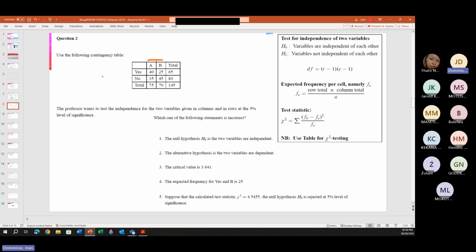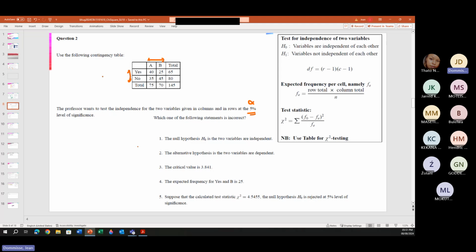There's one variable that looks at A and B, and the other variable that says yes or no. We don't really have any other information about it. They then tell us the professor wants to test the independence, and we work with a 5% level of significance. So alpha is 5%.